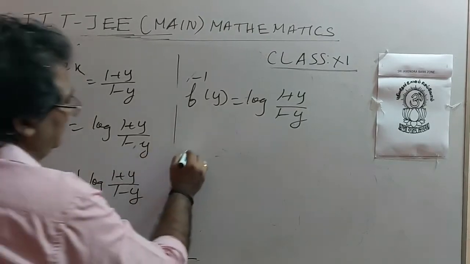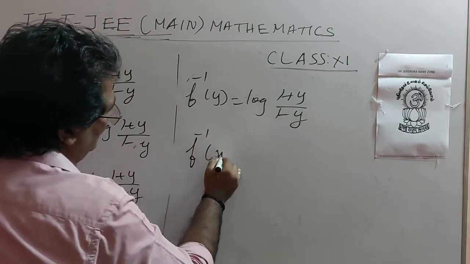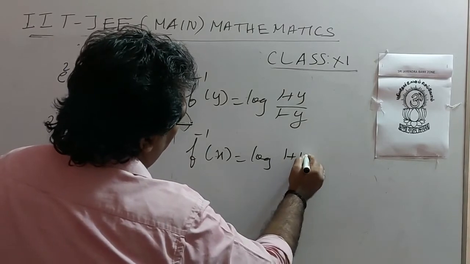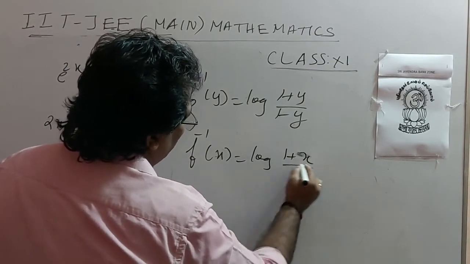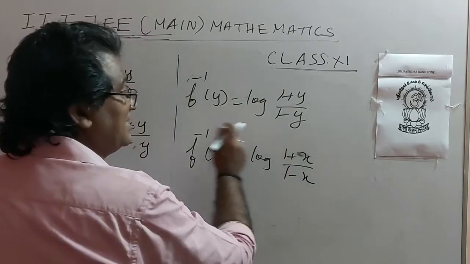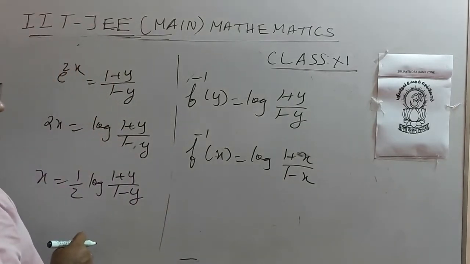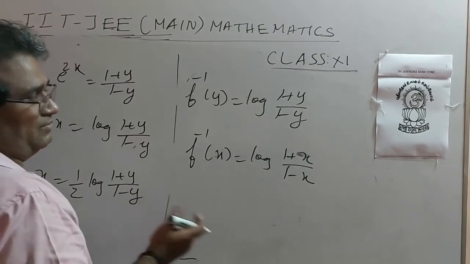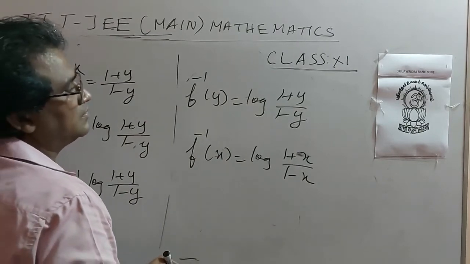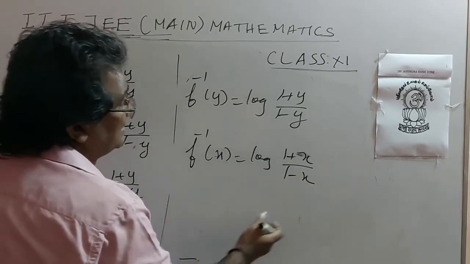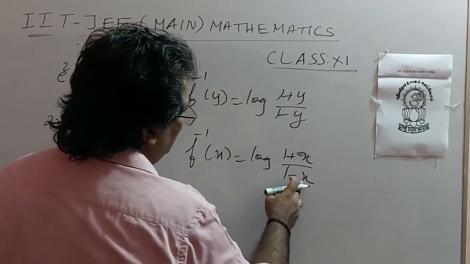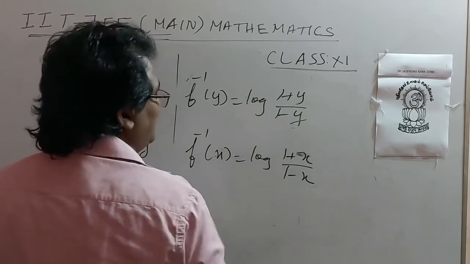That is f inverse of x equals 1 by 2 log of 1 plus x by 1 minus x, where x is less than 1. If x is greater than 1 you cannot find the log of a negative value, so x less than 1 means we have all positive values here.